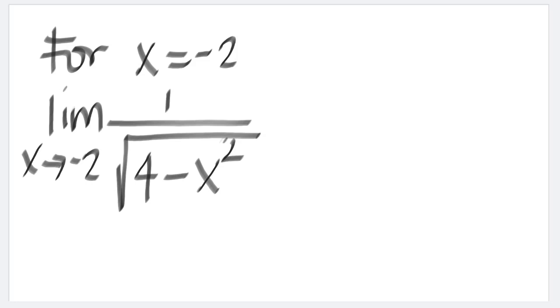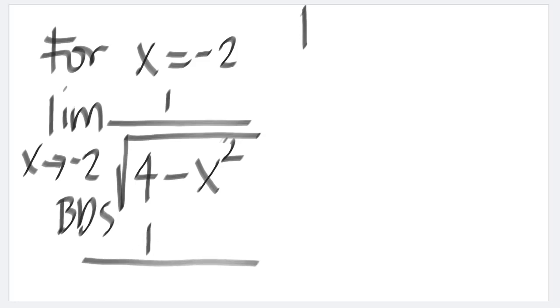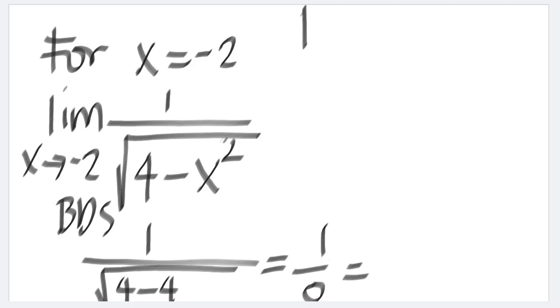Then by direct substitution, this would be 1 over the square root of 4 minus negative 2 squared, which is still 4, and that is equal to 1 over 0, or in calculus this is considered to be infinity.